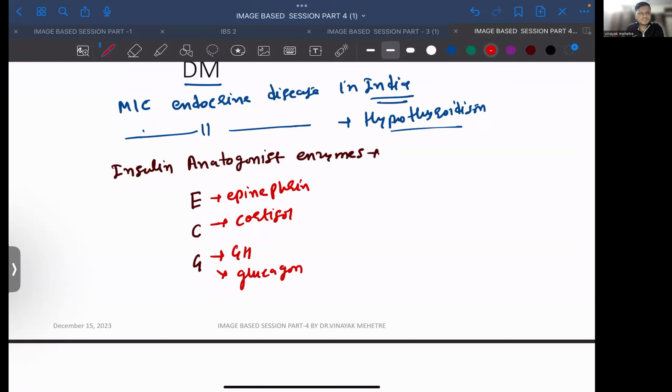Okay, antagonists. So what will they do? They will do the opposite of insulin. Insulin decreases the blood sugar, so all these hormones are going to increase the blood sugar level. These are its antagonists, right?